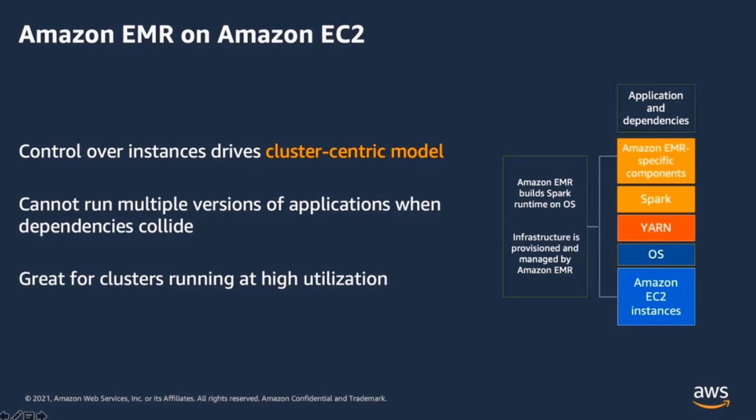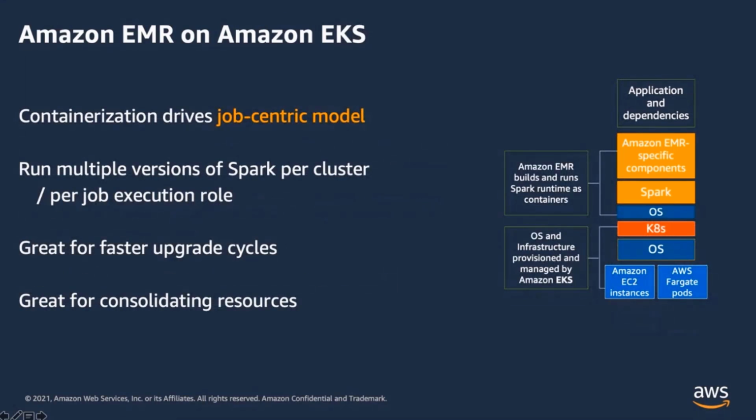So when we look at the newer capability that's coming out of EMR, which is Amazon EMR and EKS, here we see that it is what we call a job-centric model, right? The difference is because the EKS cluster is already available for you, maybe you're running microservices on top of it. Maybe you're running other machine learning jobs on top of it, right?